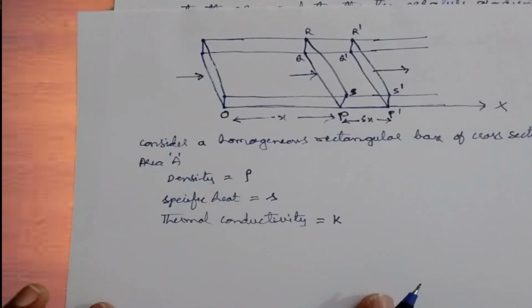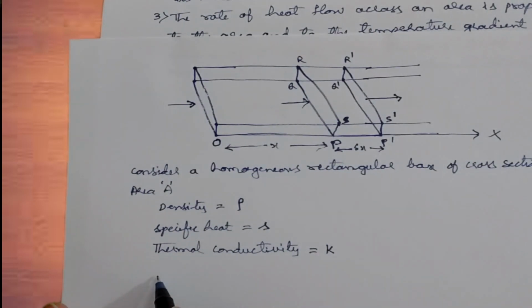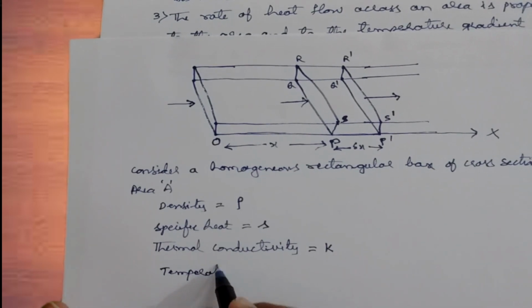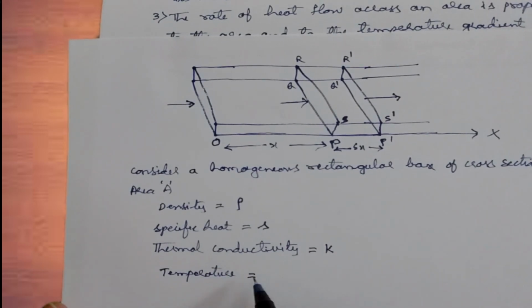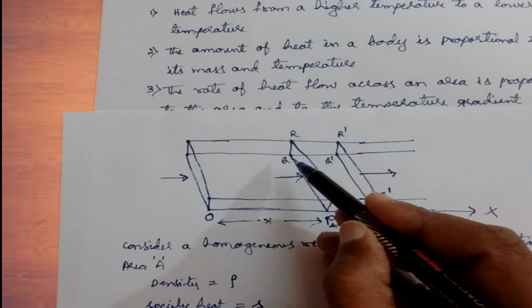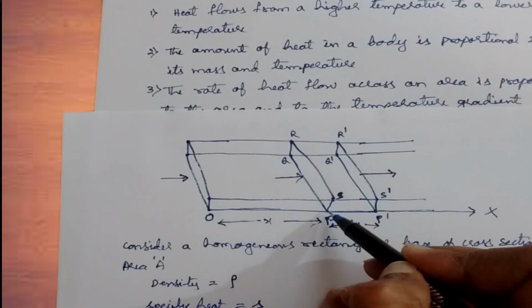Suppose I take the temperature of this rectangular slab to be U. The temperature of the rectangular slab is taken as U. So heat flows starting from the origin and reaches this cross-sectional area.